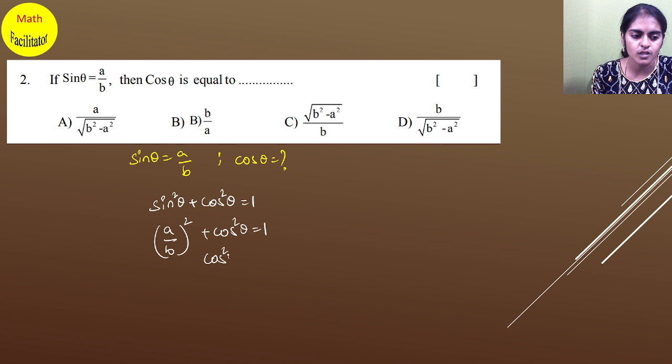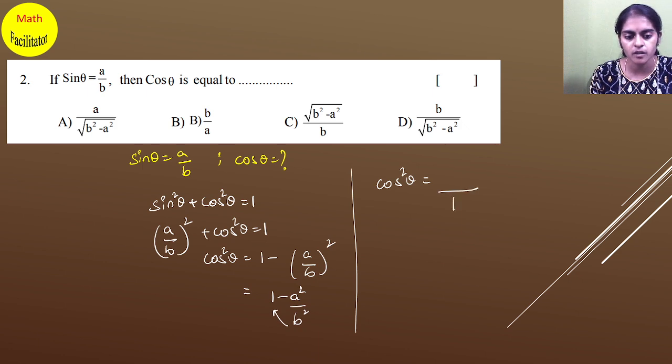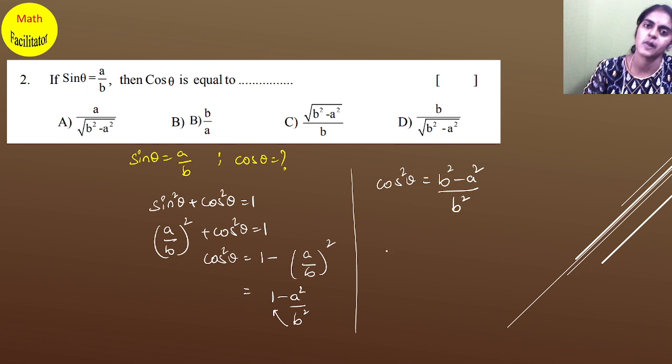So can I write cos square theta is nothing but 1 minus a by b whole square. So transposing a by b whole square to the other side, it is minus a by b whole square. So I can write this as 1 minus a square upon b square, separating the squares to the numerator and denominator. Now cos square theta is nothing but take LCM. So in the denominator you will have b square and in the numerator you will have b square minus a square.